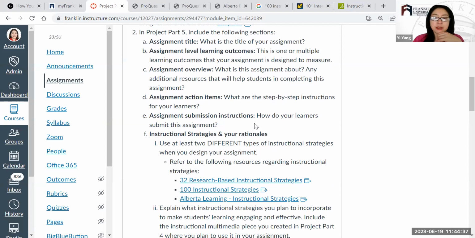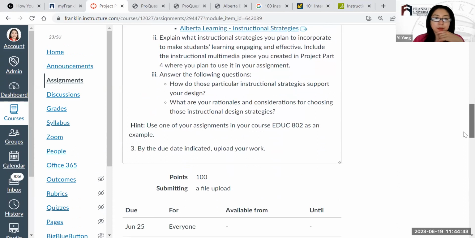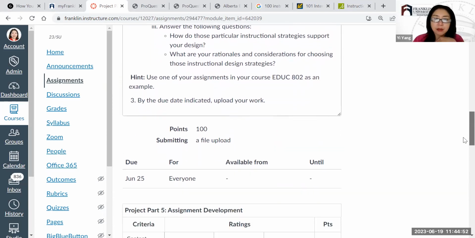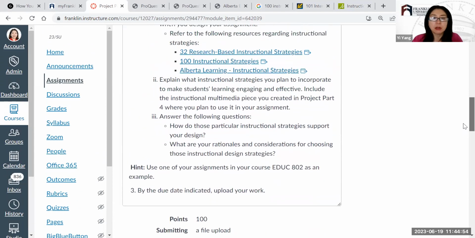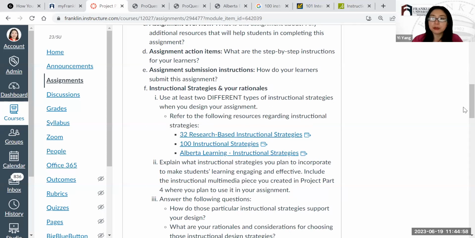You also need to include submission instructions. How do your learners submit this assignment? The submission instruction is to submit your work at Canvas. Some of you would require your learners to submit the assignment in their learning management system.